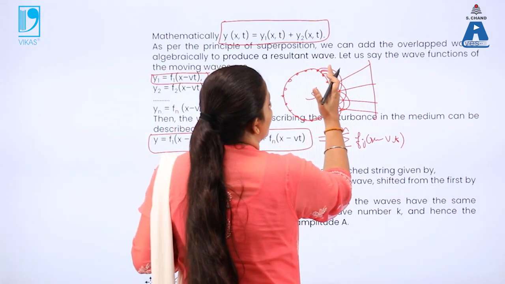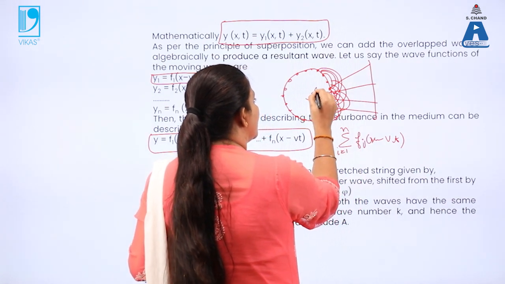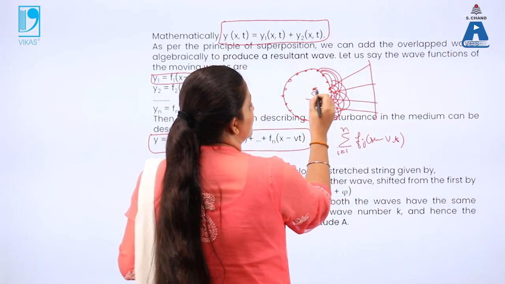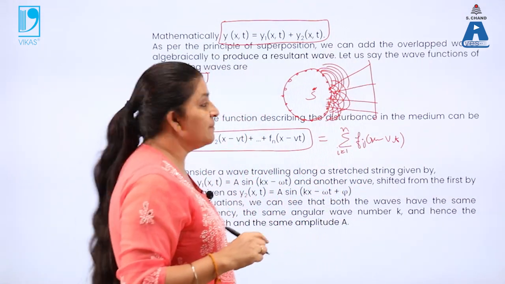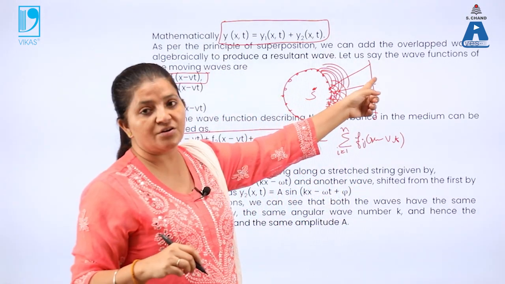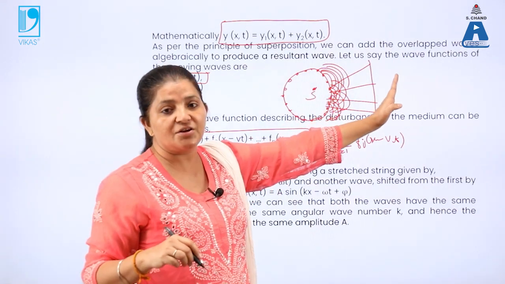We know that as the time and distance go on increasing, the light intensity from this source to this point goes on decreasing. So with time, as the distance increases, its intensity also decreases.